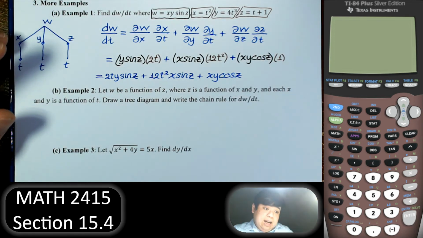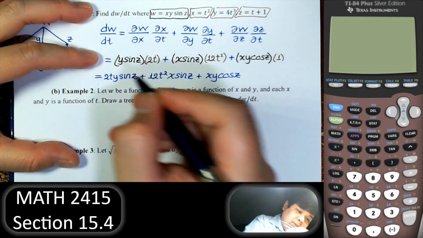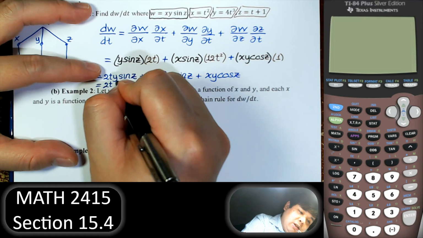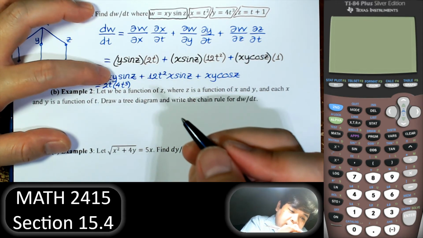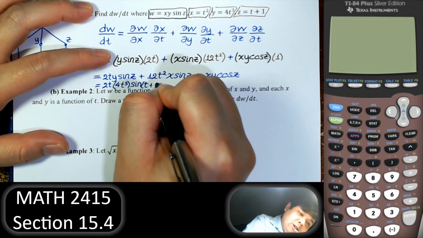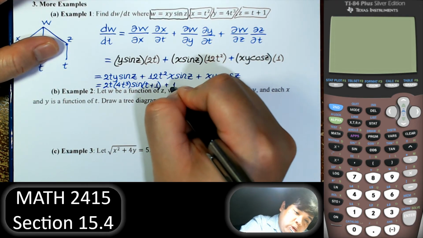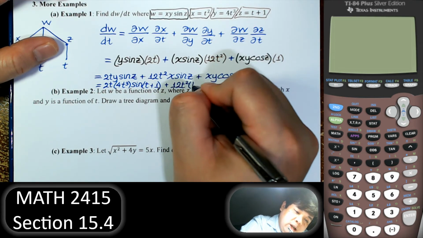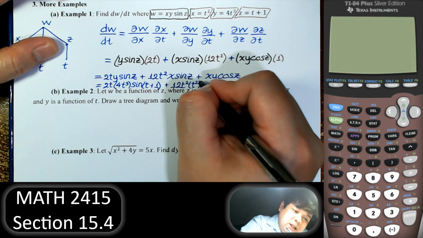Right, and then just substituting x, y, and z into this. So 2t, y is 4t cubed, and z is t plus 1. And then 12t squared, x is t squared, sine z is t plus 1.